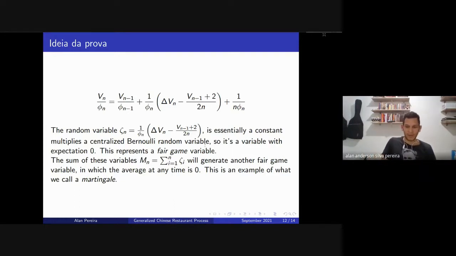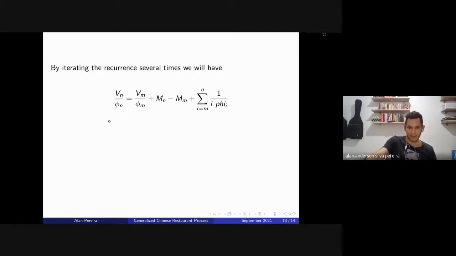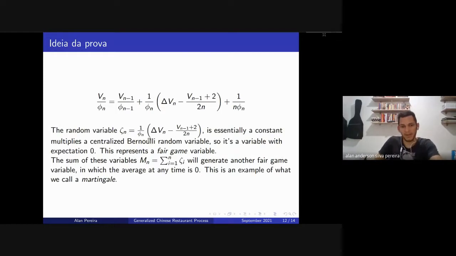So what we can do here is change the value of n, iterate the expression, so we can change Vn to a bigger number Vm, and from m to n.